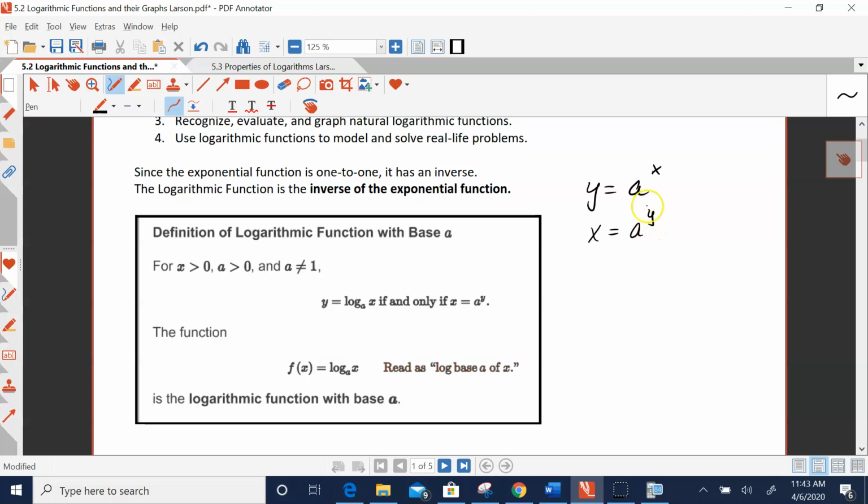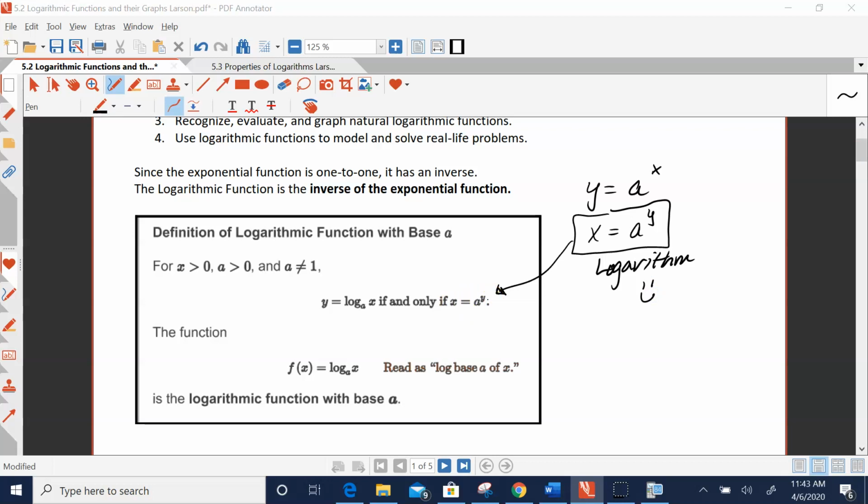Well, we don't really have a method for solving for y when it's in an exponent position, but let's take a look at the definition of the log. This, when we swap out x's and y's, is actually the logarithm function. So notice x equal a to the y is the logarithm.